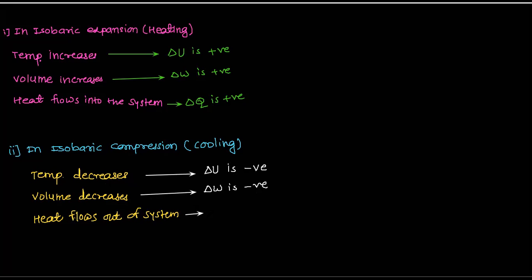Here, heat is given out of the system, not supplied. Heat is taken out. Remember the candle diagram? So delta Q is negative. Clear? Okay, next one. So all are negative in this case.